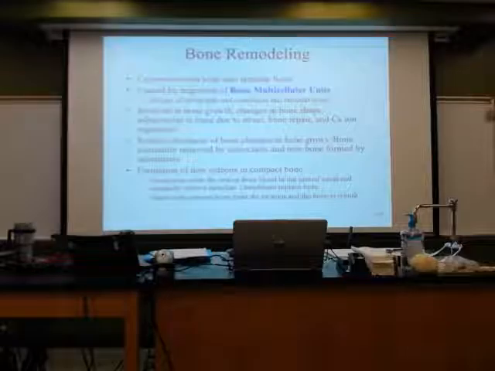We need the cells that we're going to have, such as the clast and the blast, to be able to do that. Now, this helps with our bone growth, bone shape, any type of stressors we put on the bone, repair to the bone, and then one of the biggies, calcium ion regulation, which is going to come back to haunt us in part 2 when we start talking about the endocrine system. Trust me on this.